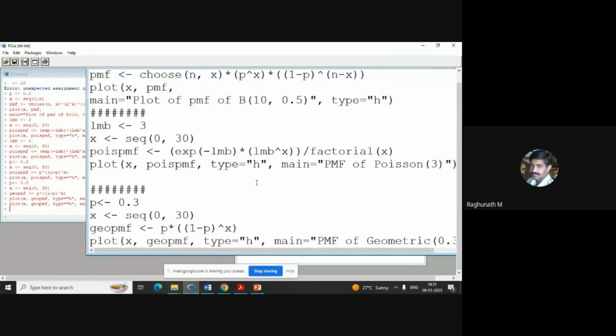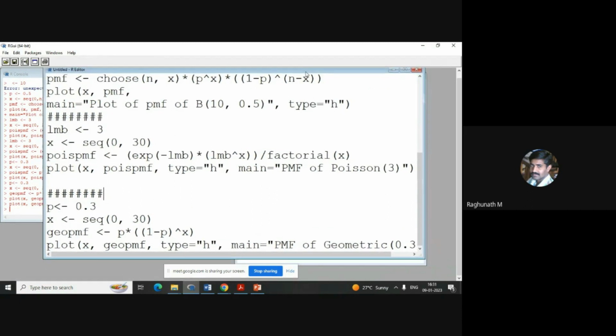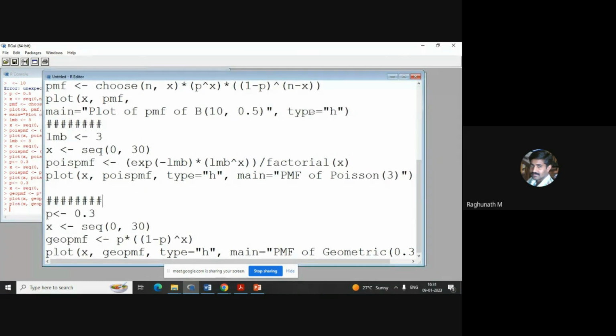In the case of continuous, I don't know if in the morning session you have done plotting the functions. Anyway, I'm going to tell you how to plot any given function. If it is a continuous function, the things are different. If it is discrete, you know how to do this one.